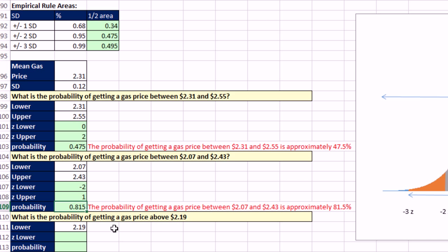Our last example, what's the probability of getting a gas price above $2.19? Well, we better calculate our lower z, and then it's everything above it. Equals, open parentheses, our particular x minus the mean, close parentheses, divided by our 12-cent standard deviation. Oh, it's -1.